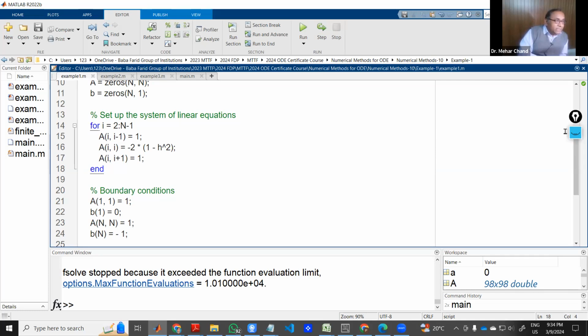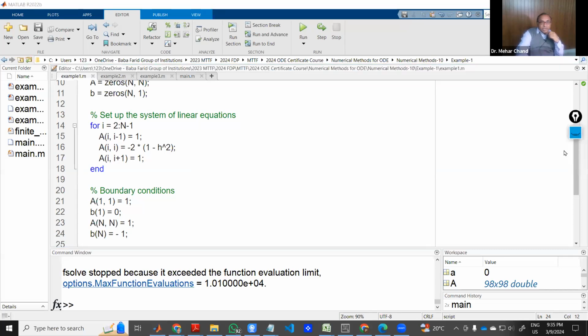But in the case of a boundary value problem, these are the boundary values. So the boundary values, when we have A11. What do you mean by A11 and ANN? See, once again, I have to delete this one.